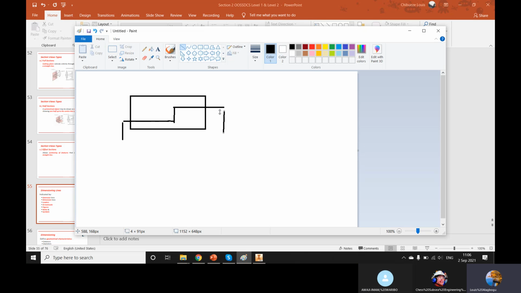Something like this is an offset section. Assuming this is the section line with the two arrowheads here and here, you can section like this, up and here. It's possible that there might be a circular feature here and a circular feature here, and so if you want to do a full section going through, you may not capture this other circular feature. If you want to do a half section, you might not capture this. So in a case like this, we might use an offset section. You understand, right? Yes. All right.